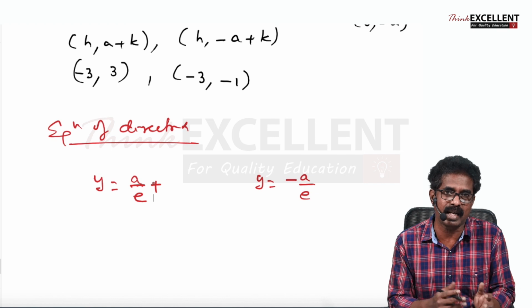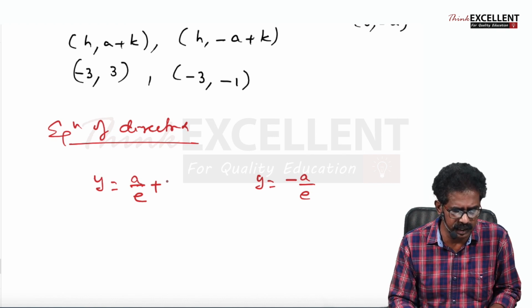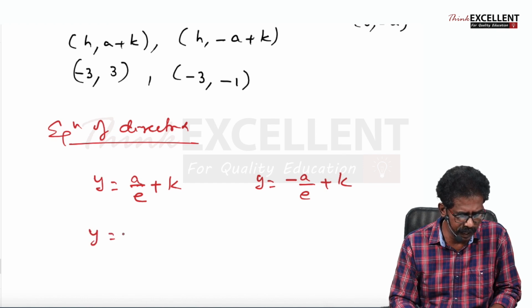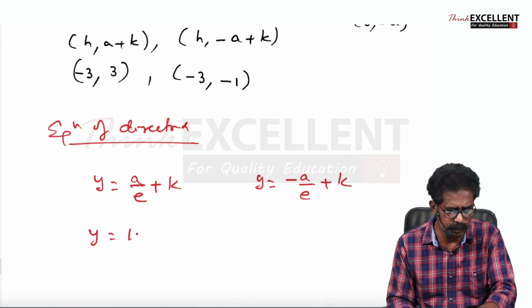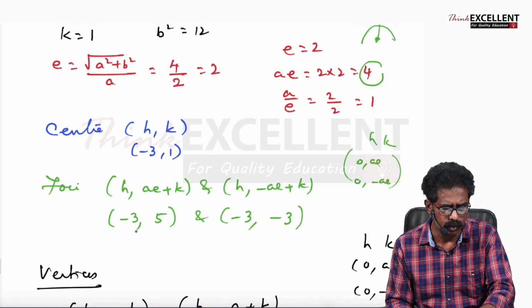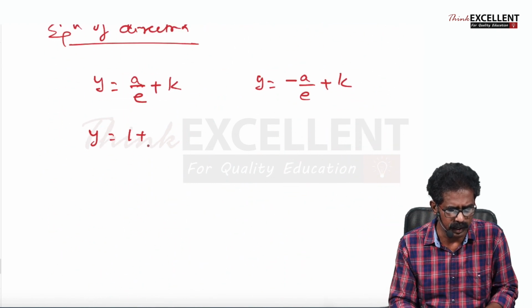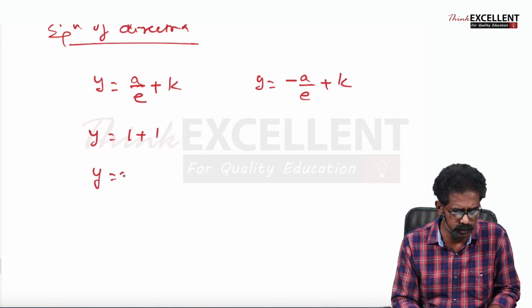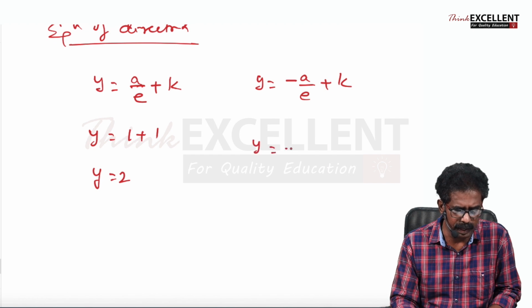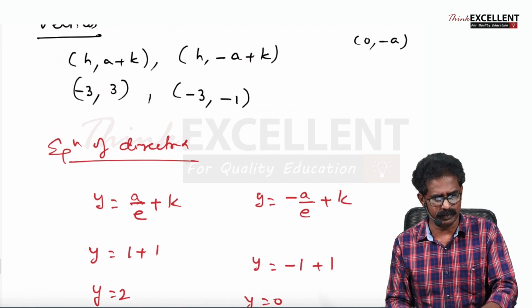If it is x, add h; if it is y, add k. Here it is the y value, so put plus k. So y equal to a by e, already got as 1, plus k value also 1, so y equal to 2. The other one, y equal to minus a by e is minus 1 plus k value 1, so y equal to 0. So these are the two directrices.